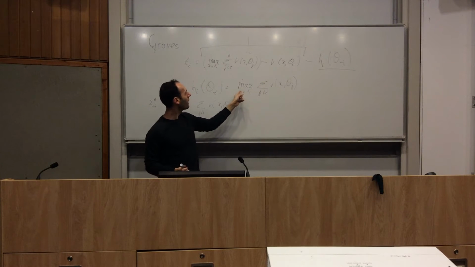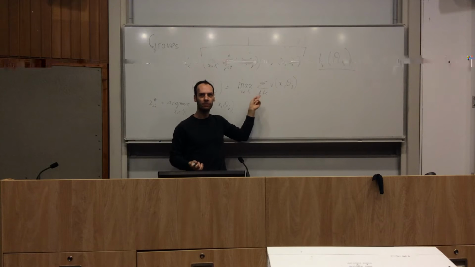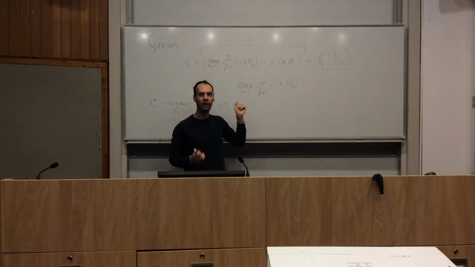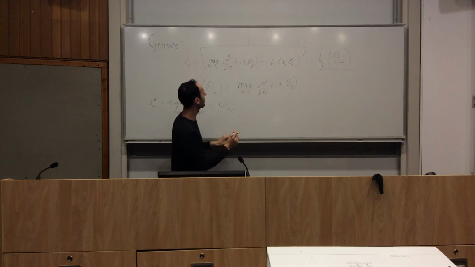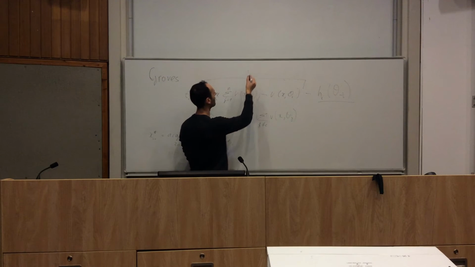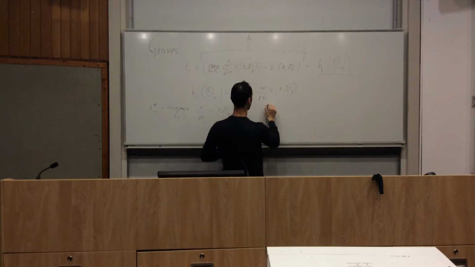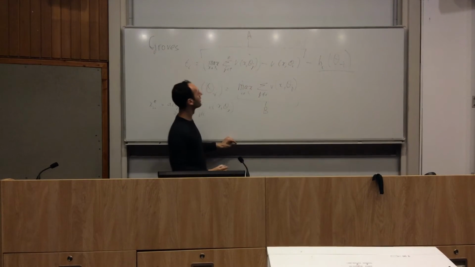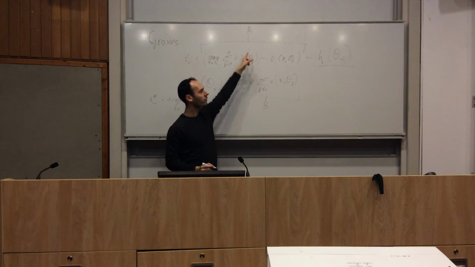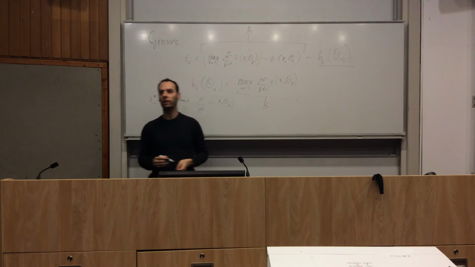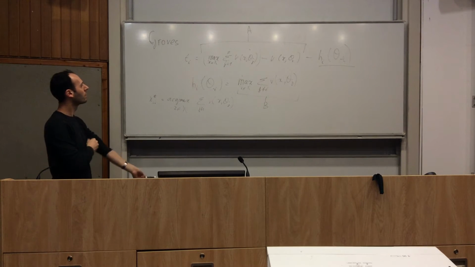Here, we are maximizing by excluding agent I in the first place. So it's a very subtle difference, but a very important difference. So let's call this A, and let's call this B. And these two things are different. These are not the same. This is very important.